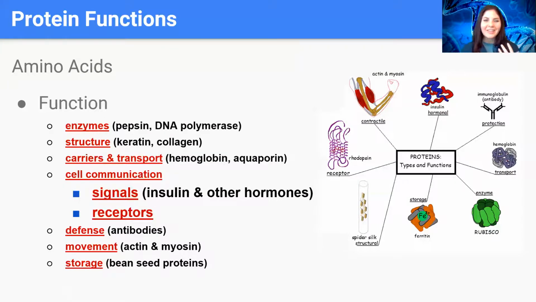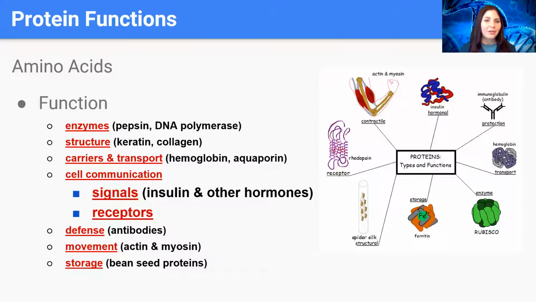So proteins have many different functions, and they also have a ton of different structures. And if you remember, the structure dictates the function of an organism or an organelle or a molecule. So as far as functions, proteins can serve as enzymes in the form of pepsin or DNA polymerase. They can form structures such as keratin that's composing my hair, collagen that helps keep us all plumped up.